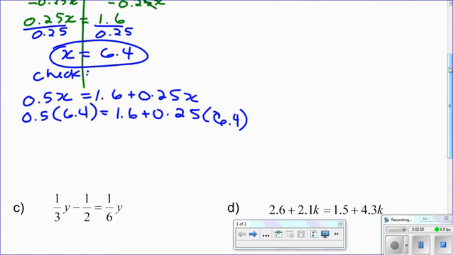And so then we get 3.2 is equal to 3.2. So we get 3.2 on both sides. So I multiplied and then added. Just do it all in one step, it's fine. We want to get the same on both, so our checking works. x is 6.4. Our solution is correct.